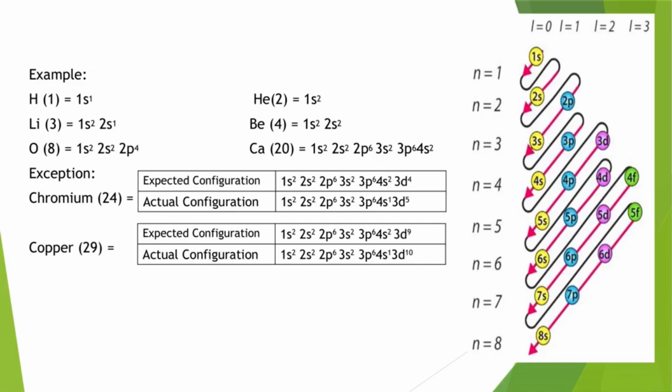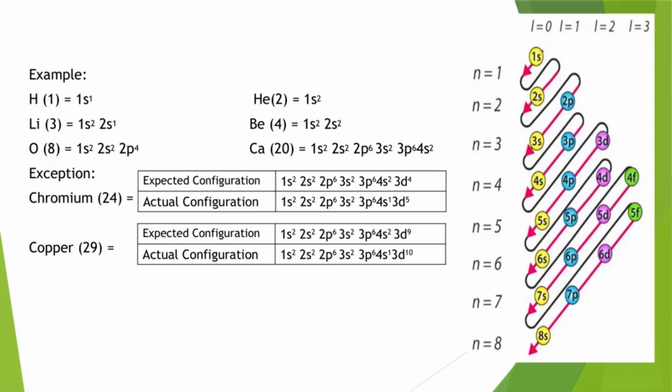Some examples. Yesterday I showed you the electronic configuration on the basis of subcells of various elements. For the time being I am showing only a few elements. Hydrogen, its electronic configuration is written as 1s1, that is, in the s subcell 1 electron has entered.